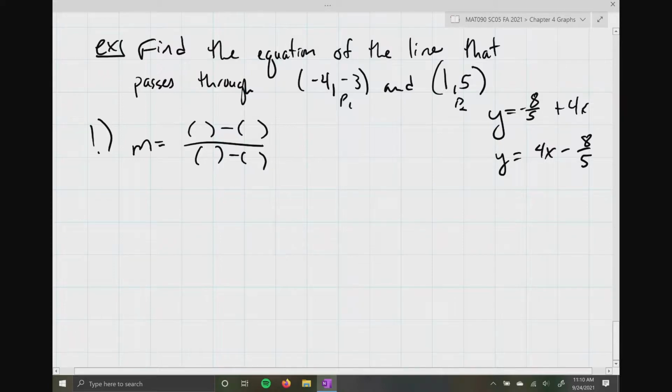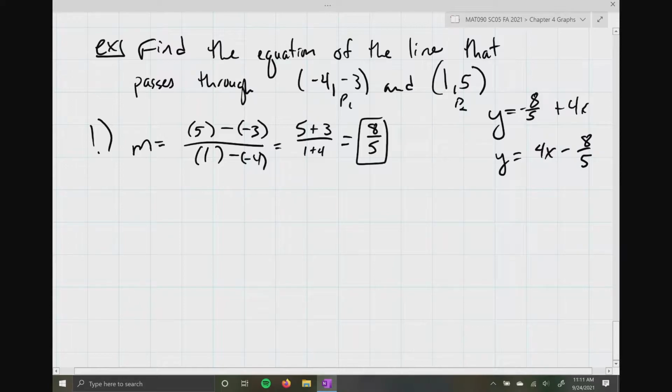I'm going to have 5 minus negative 3 divided by 1 minus negative 4. So that's going to be 5 plus 3 over 1 plus 4, equals 8 over 5. Is my math incorrect, or does my math look pretty good? I got 8 over 5. Okay, all right. So, Brendan, our slopes are a little bit different right now.